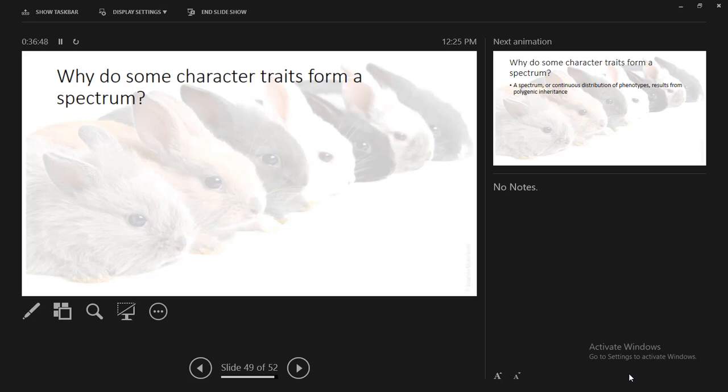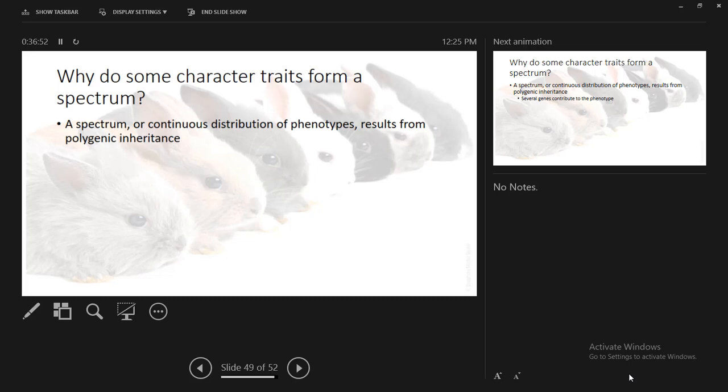And so the answer to this is whenever you have multiple genes influencing a single character, we call this polygenic inheritance. What does poly mean? Many or multiple genes. And so whenever you've got multiple genes that are influencing the same character, you're going to tend to get a continuous distribution of phenotypes. And so this is even true for eye color.